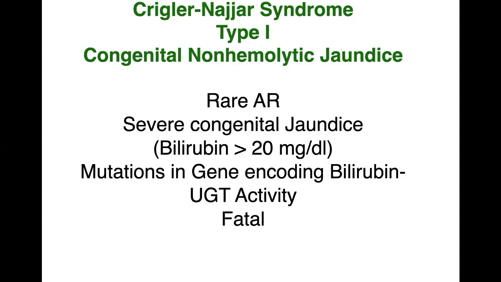It is stated in our textbook that mutations in the gene which encodes bilirubin UGT activity are linked with Crigler-Najjar syndrome type 1. Memorize this by heart: type 1 is a fatal disease. Compared to type 2, type 1 is the one that causes death, usually within the first 15 months of life.